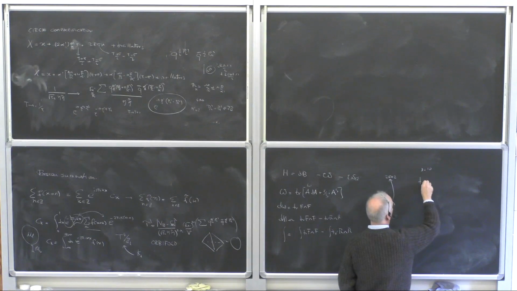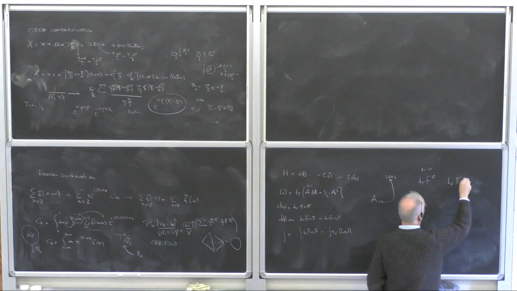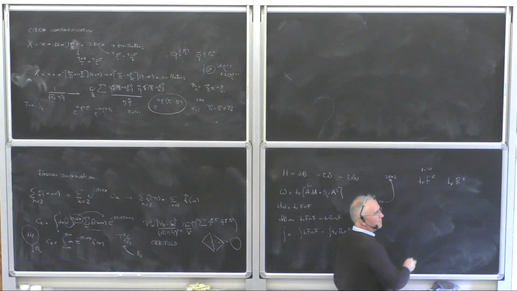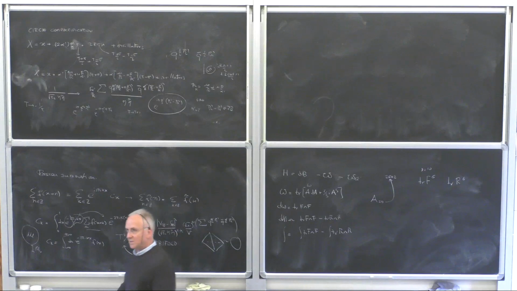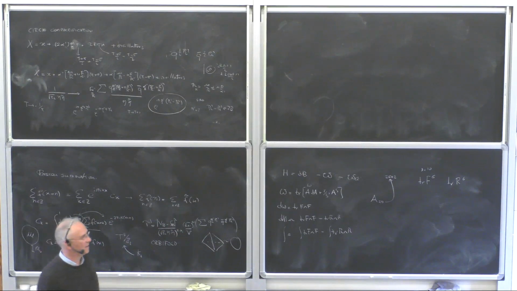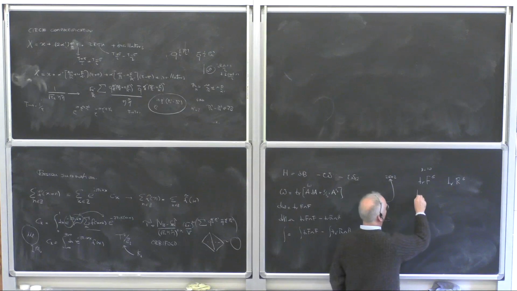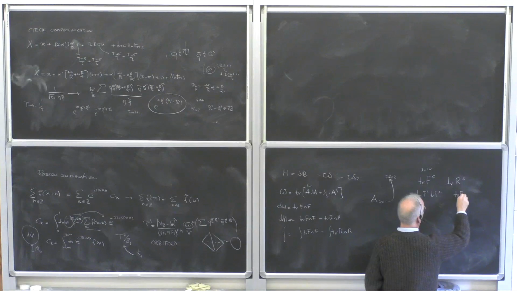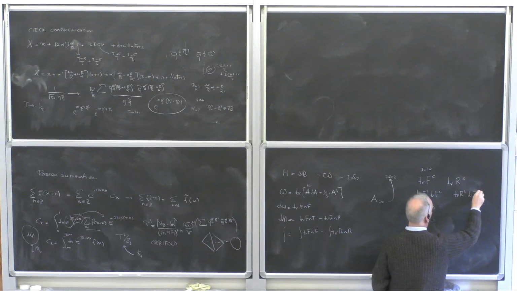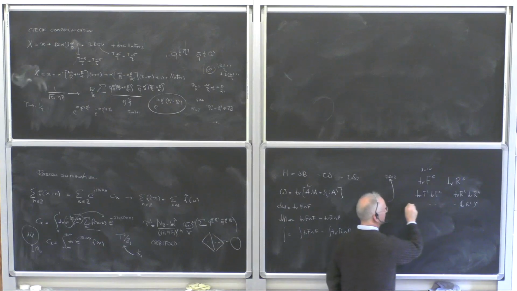These invariant polynomials contain trace of F to the 6, trace of R to the 6. F means the two-form F mu nu dx mu dx nu, and the same thing for the gravitational part. Or they can also contain reducible terms, like for instance trace of F squared, trace of F to the fourth, and similarly mixing trace of R squared, trace of R to the fourth, trace of R squared cubed, and similarly here.